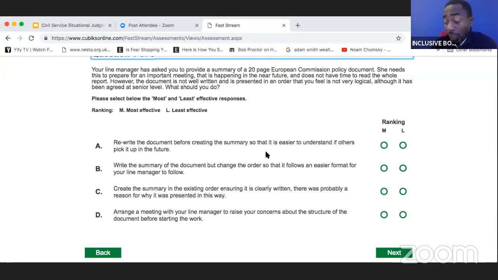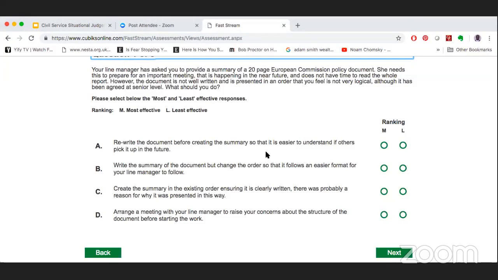So who chose C as most effective and A as least effective? Is there anyone that chose a different answer as the most effective or a different answer as the least effective? Or is there anyone who isn't sure why C is the most effective and why A is the least effective? I'll be able to go through.